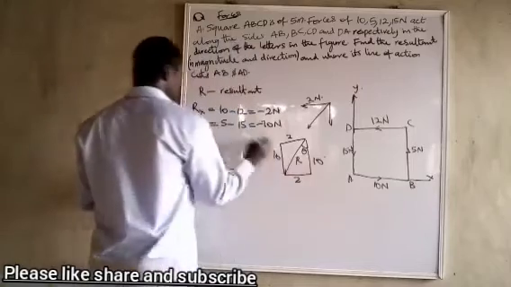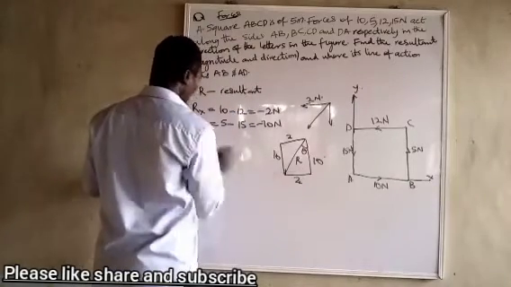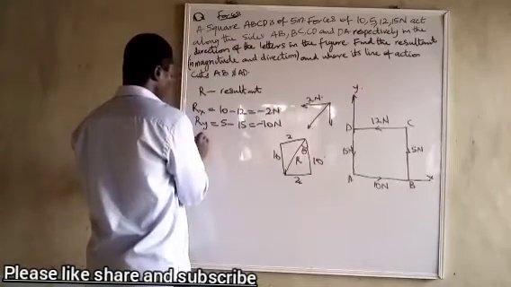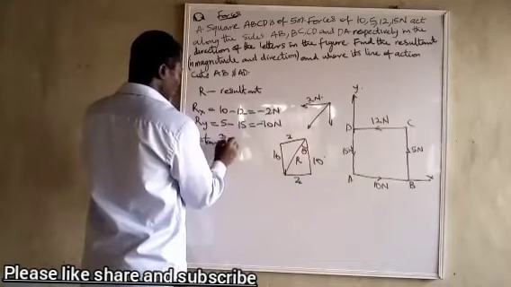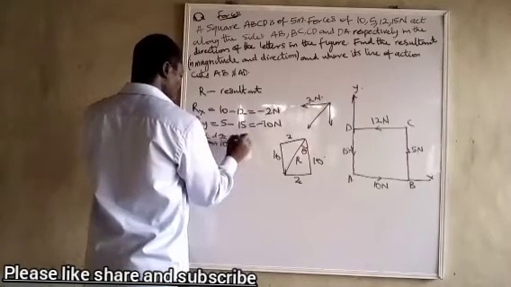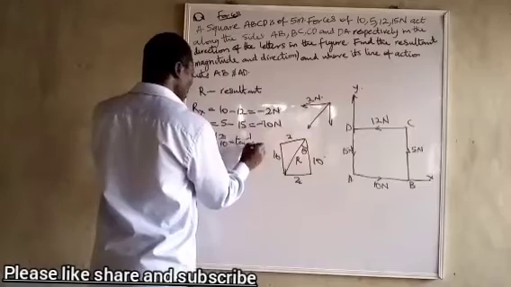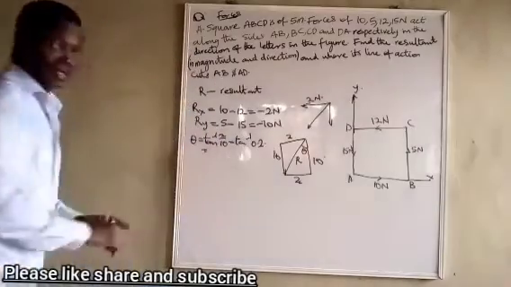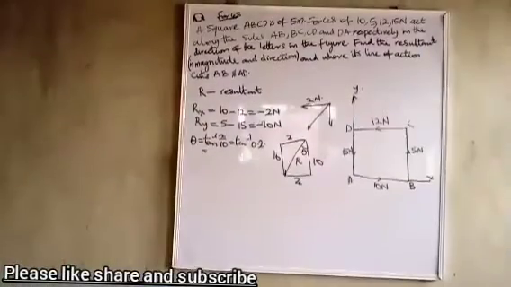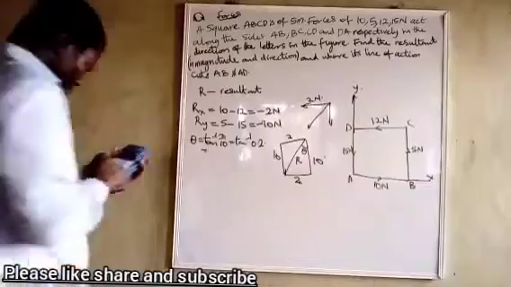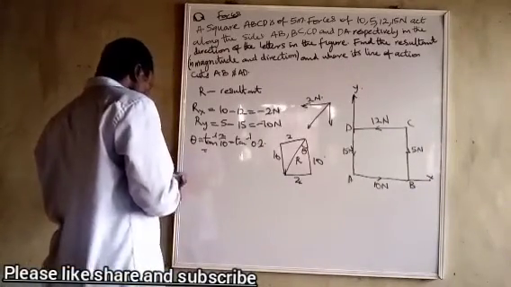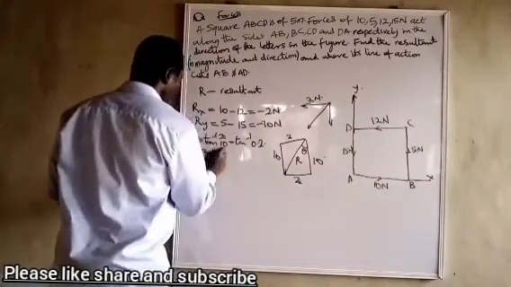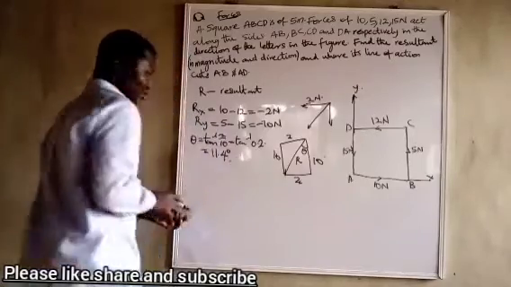So to find our theta, in this instance, theta is equal to arctan 2 over 10, arctan 0.2. And what is that giving us? That is 11.4 degrees.